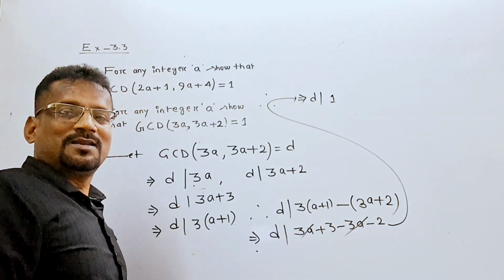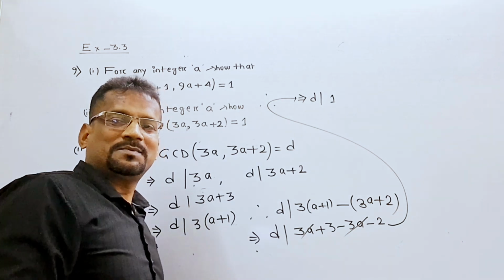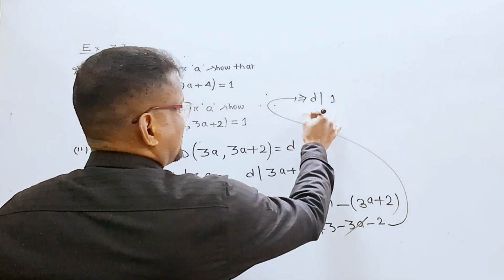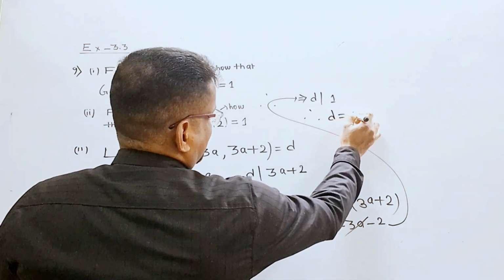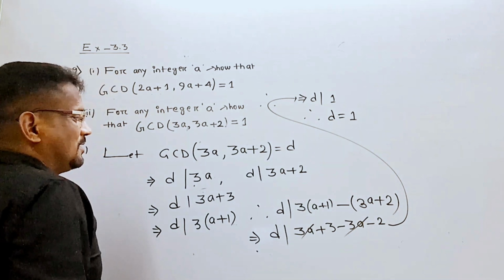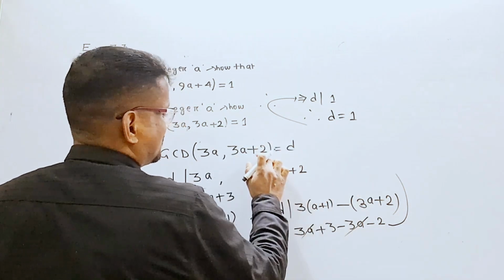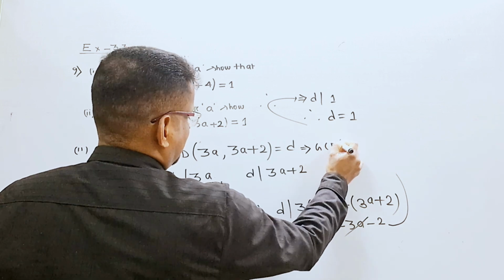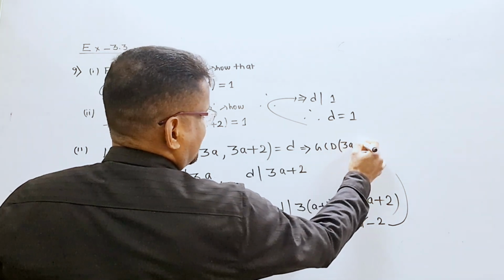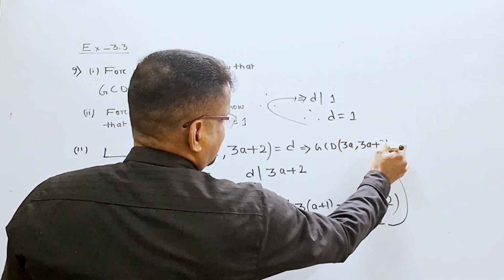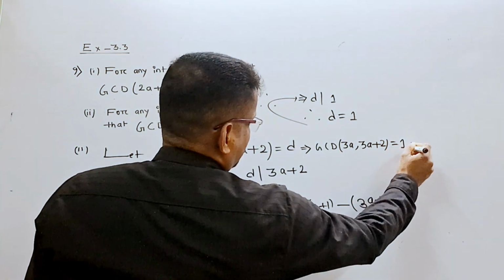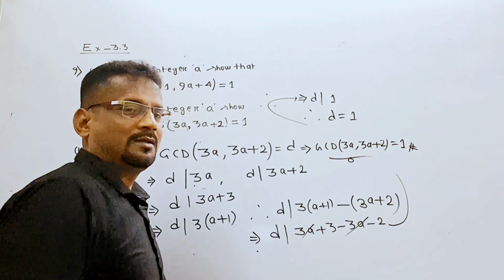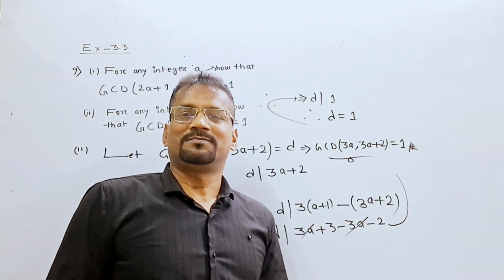As D divides 1, D must be equal to 1. That is the conclusion: the GCD of 3a and 3a + 2 is equal to 1. That's it. I hope it's clear to all of you. Thank you.